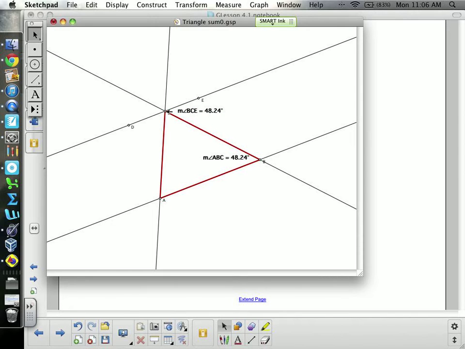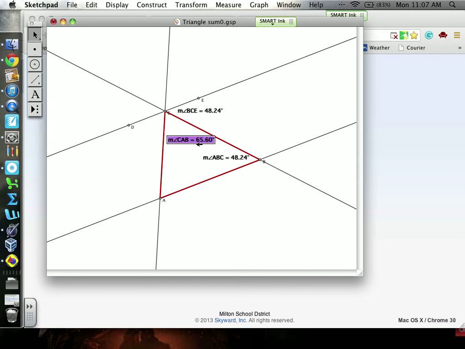And we could do the same thing over here. Okay, there's CAB. What would be alternate interior to CAB? Well, it would be ACD.